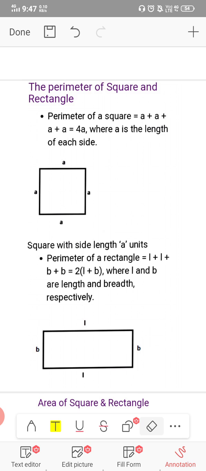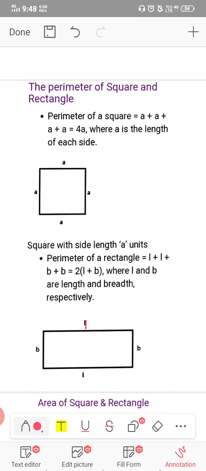Now, if you have to find the perimeter of a rectangle, we know that in a rectangle we have two parallel sides which are equal to each other. In any rectangle, the opposite sides are parallel and also equal to each other.